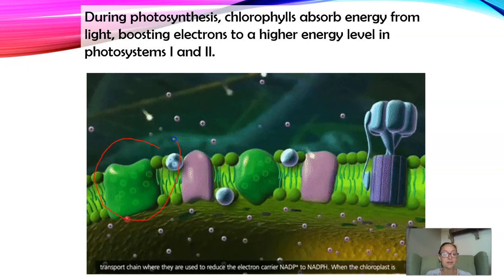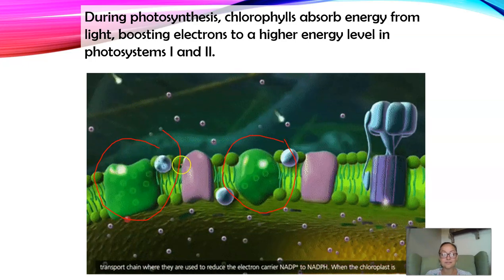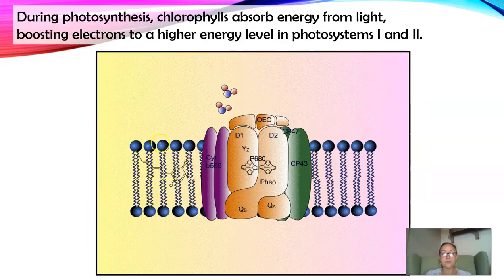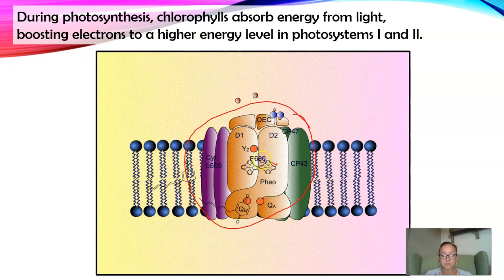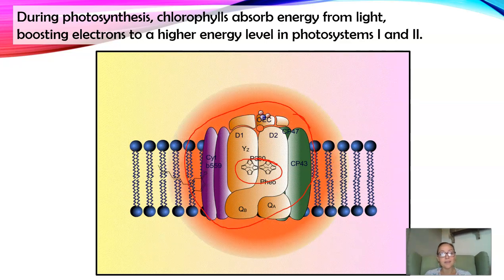That is where electrons will be donated from. This whole thing right here is the photosystem. In the center of the photosystem, chlorophyll A is the main pigment in photosystem 2, and then you have chlorophyll B in photosystem 1.